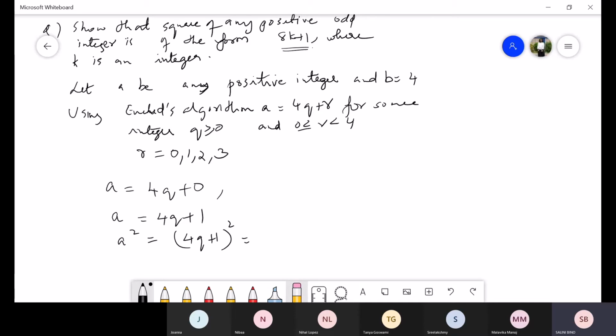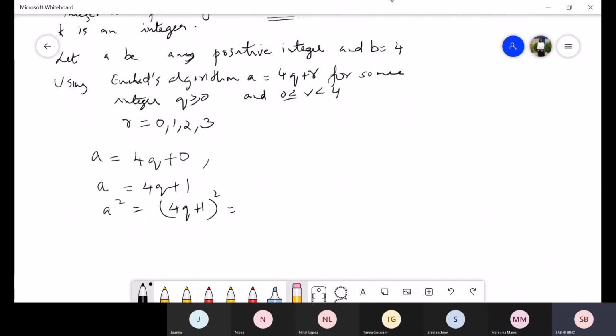This is like an identity, a plus b the whole square. So 4Q the whole square, 16Q square, plus 2 into 4Q into 1 is 8Q, plus 1. Now you can take 8 as common factor from the first two terms. So when you take 8 as common factor, it will be 2Q square plus Q, plus 1.